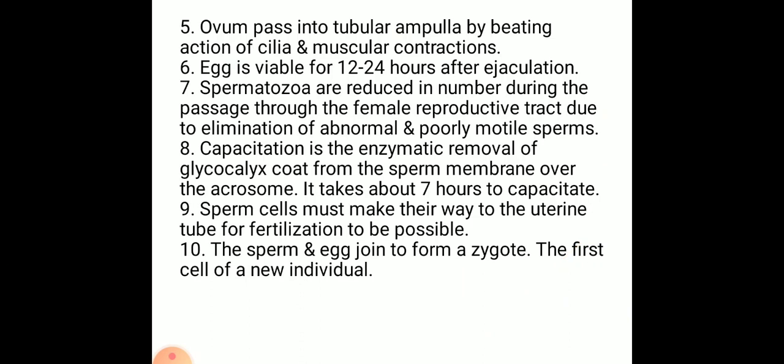Then spermatozoa are reduced in number during the passage. As you have already seen in that diagram, the number of spermatozoa is reduced during the passage through the female reproductive tract. There are many sperms, but the number of spermatozoa is reduced during the passage through the female reproductive tract. So why is the number reduced? Due to the elimination of abnormal and poorly motile sperms.